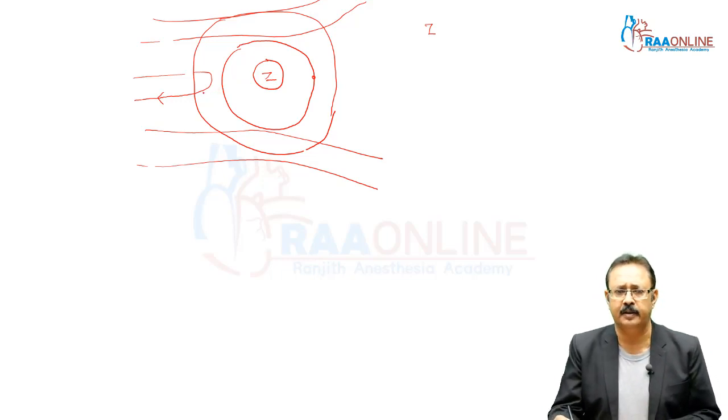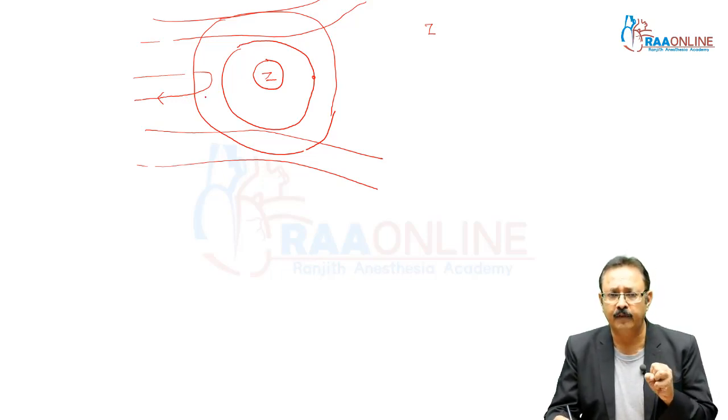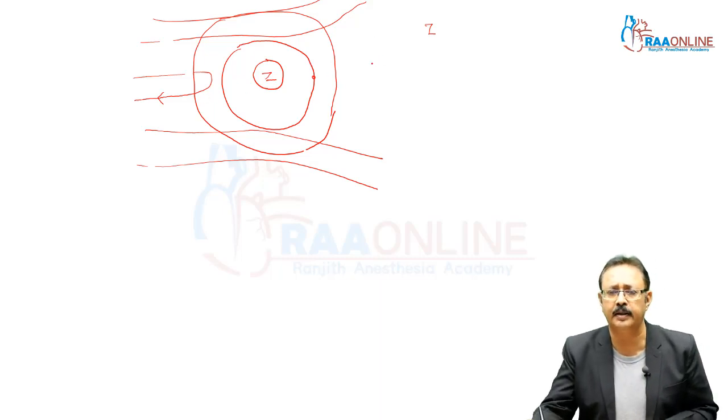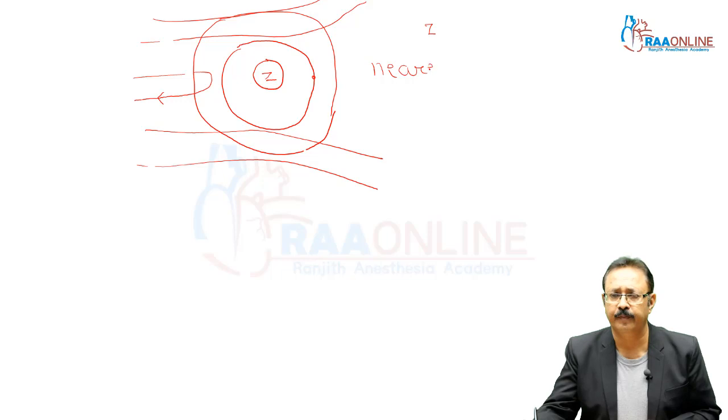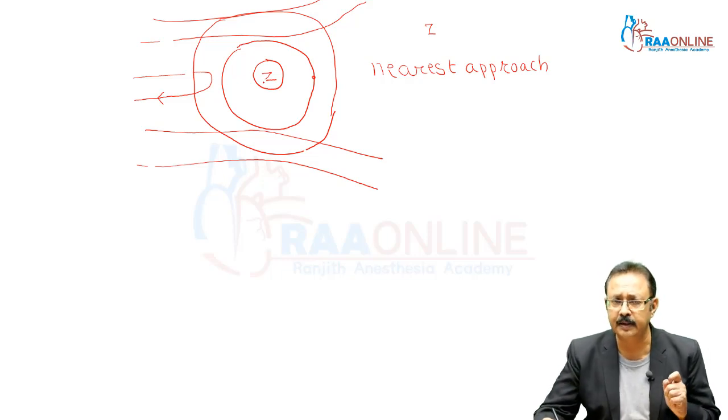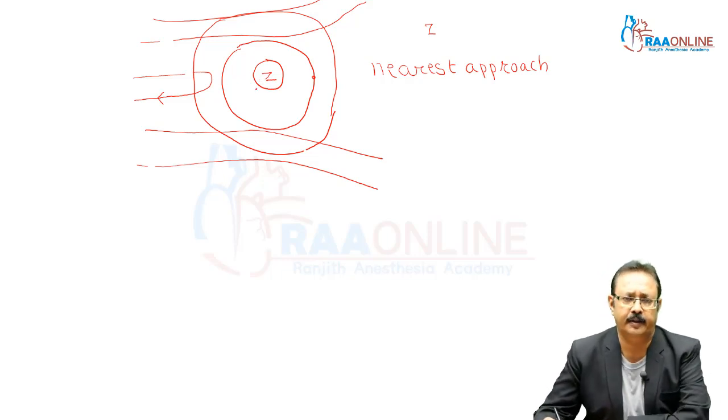What was the reason? Up to what distance do alpha particles cover in the atom? Means if we want to calculate the nearest approach of an alpha particle, we can calculate it by the concept of potential energy.